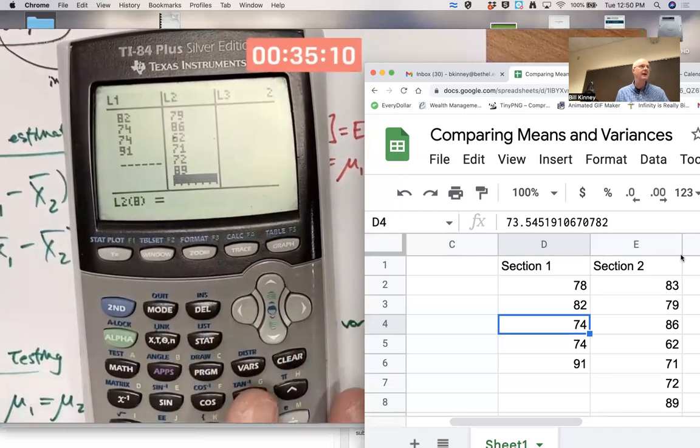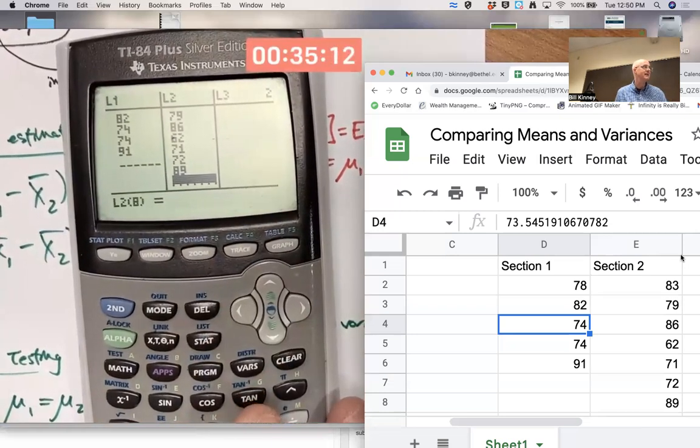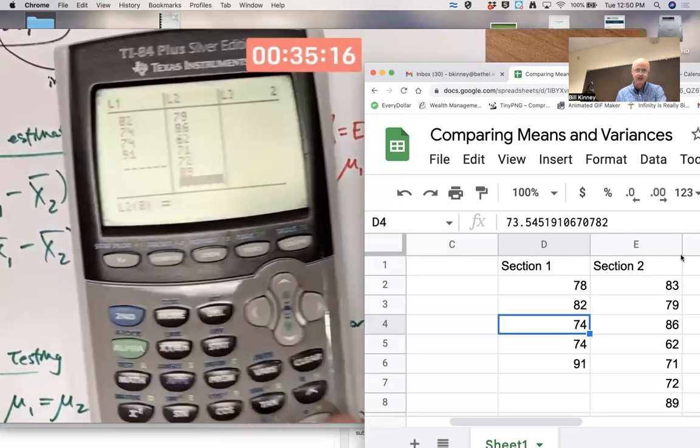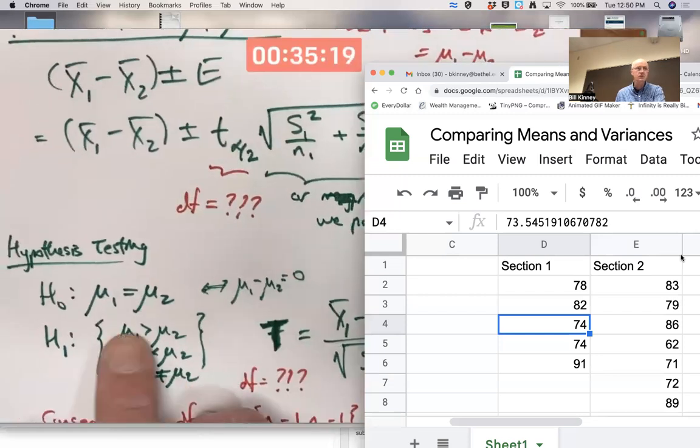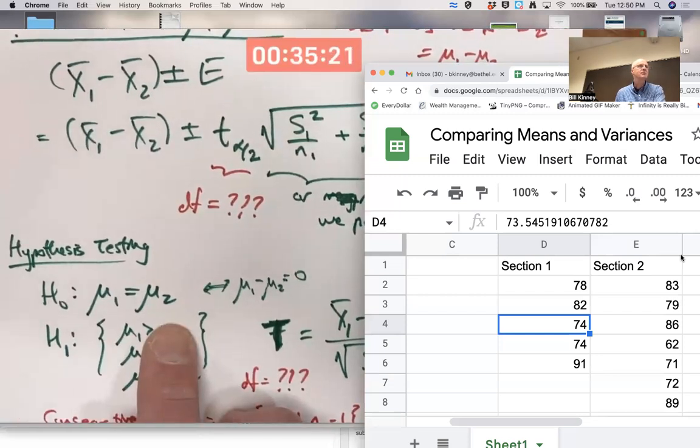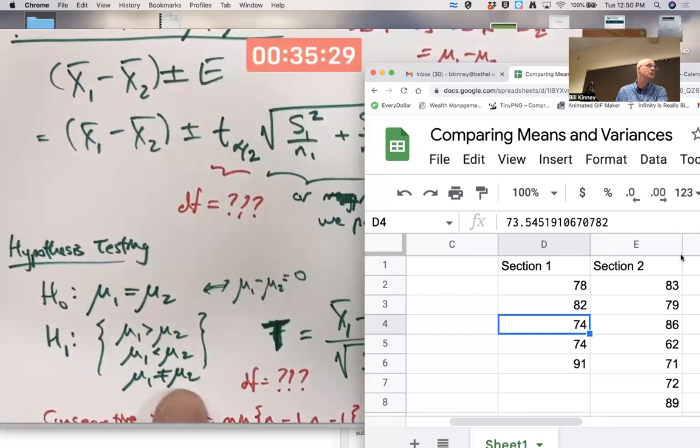What are we trying to do? We're trying to compute a confidence interval to estimate mu1 minus mu2. And we're trying to do a hypothesis test on whether mu1 is equal to mu2. Since you're not likely to have a theory about whether section 1 is better than section 2 or vice versa, you could do a two-tailed test, or maybe that's your philosophy to always do two-tailed tests.